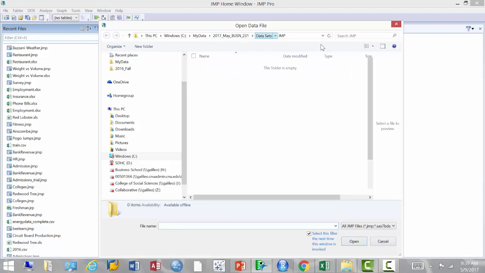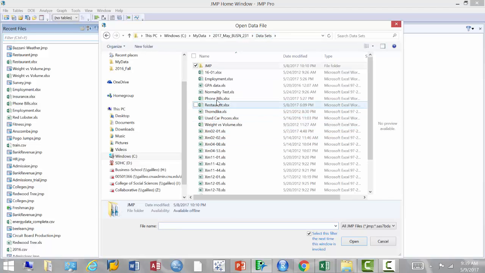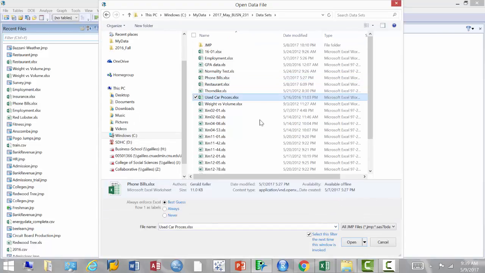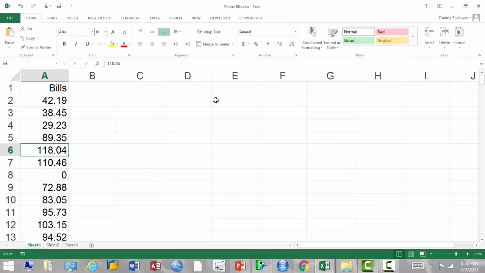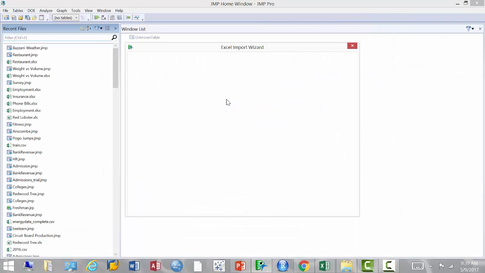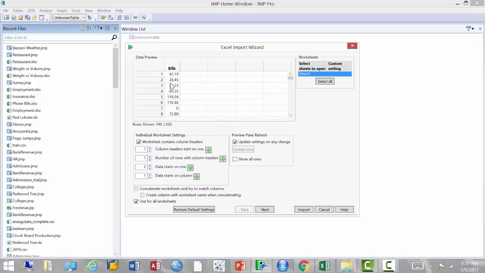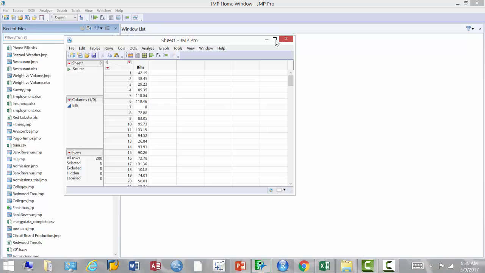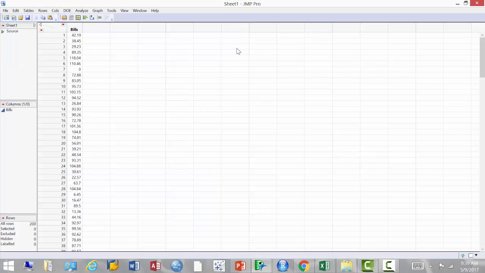So I'm going to see where I can find my phone bills right there. Whoops, apparently I clicked the wrong thing. Okay, phone bills. And it says this is how it's going to look. I'm fine with that, so I'm just going to say import, and here is my data set.